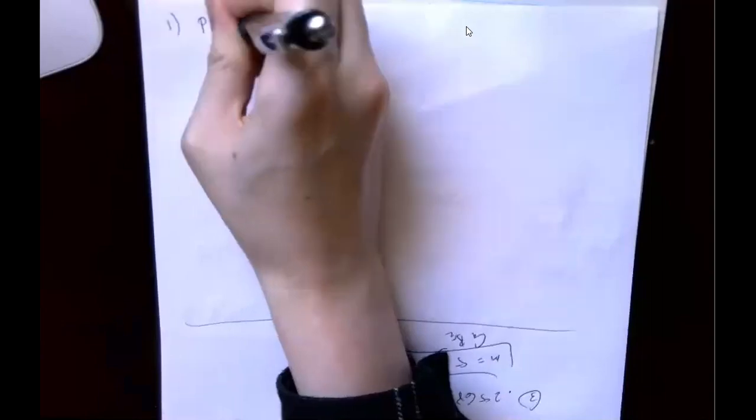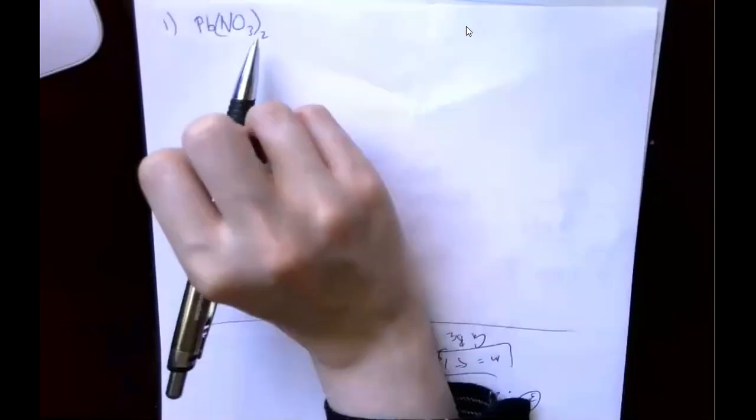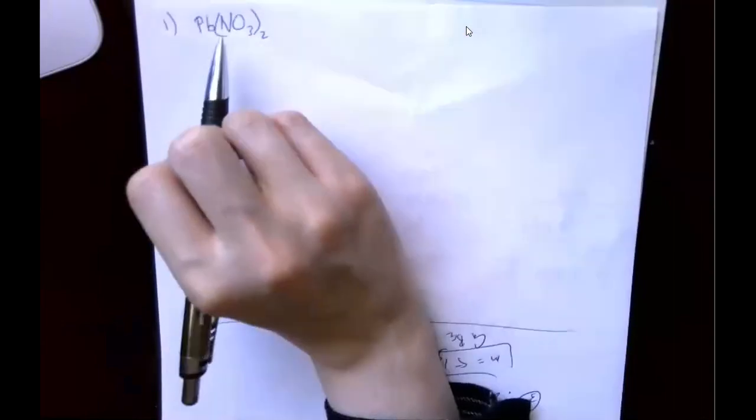Okay, so for the first problem here, it says that we have lead II nitrate, which will look like that. My lead's charge is crossed over outside of my nitrate. My nitrate has a charge of -1, so we don't bother writing it in.